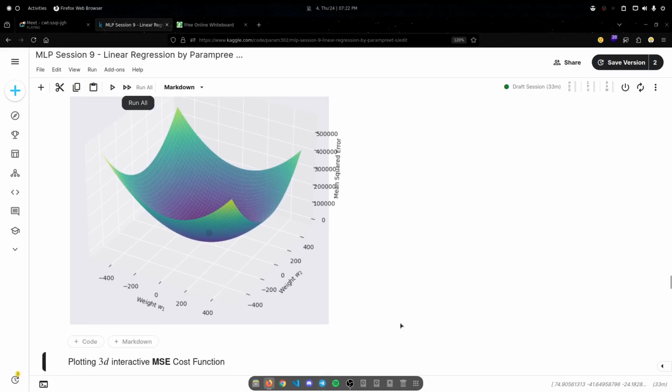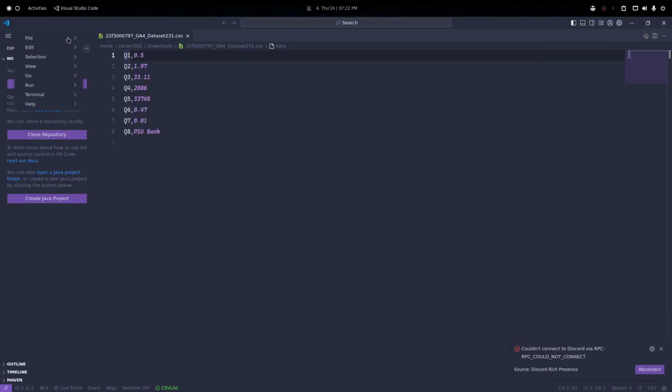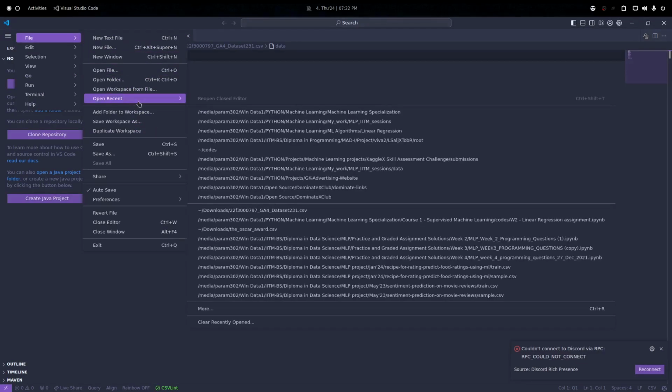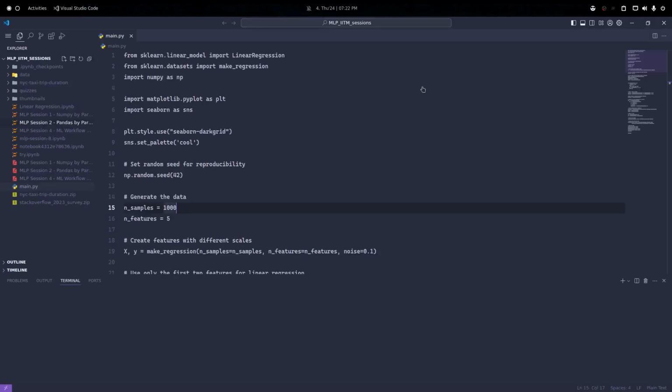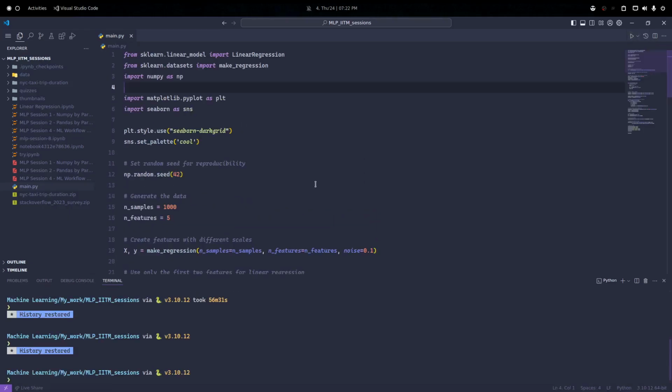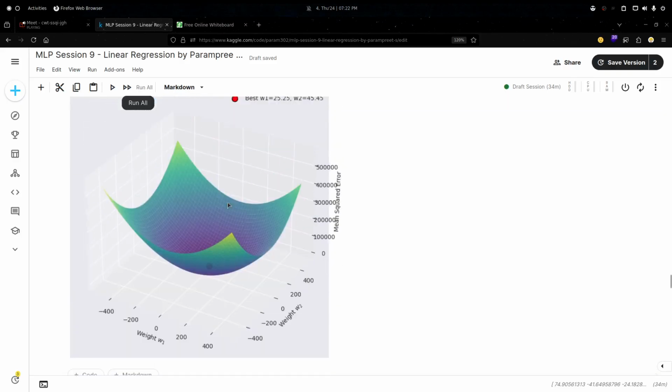Here we have the 2 different weight values. I also have this in the notebook. If I check, okay, just give me a second, let me open it. If I run this, I have the code for this graph. This is a surface plot.